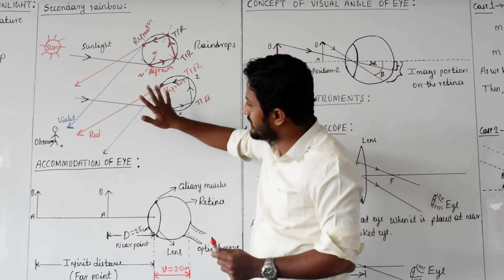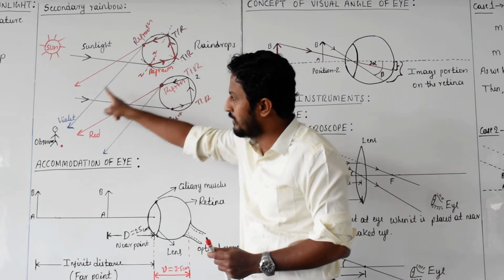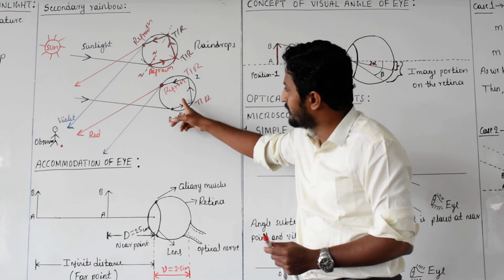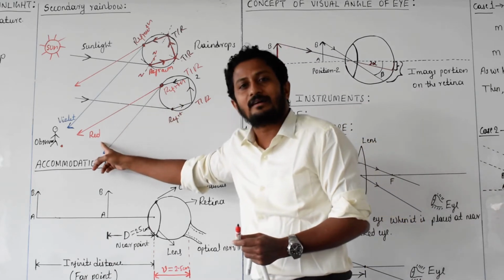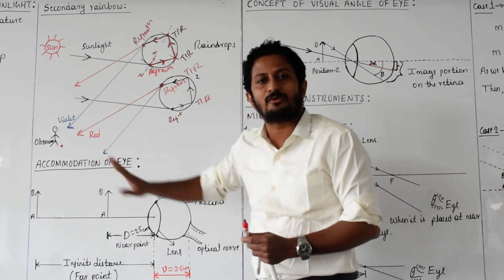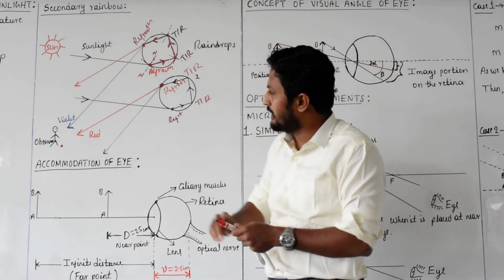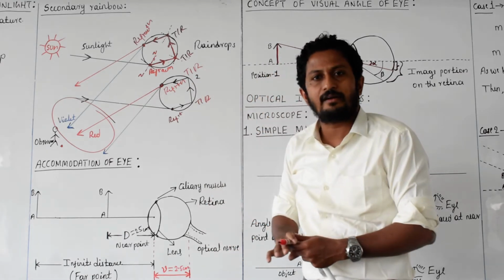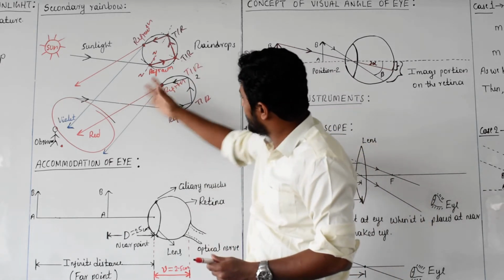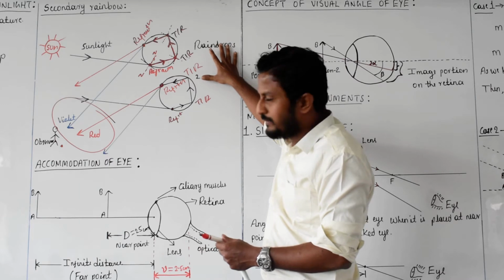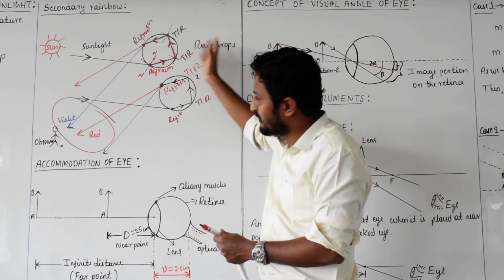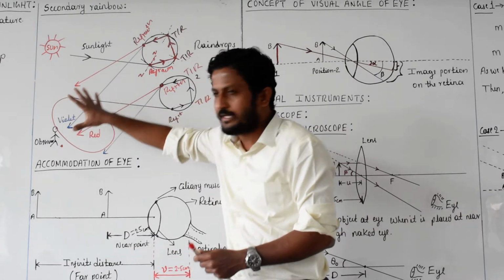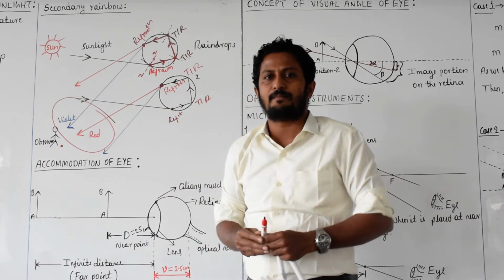See, look in this diagram. From the first water droplet, violet reached the observer, and from the second one, red color was received by the observer. Here he gets one spectrum from different raindrops. From some other raindrops, a few other colors he gets. Somewhere in this region he sees a spectrum.